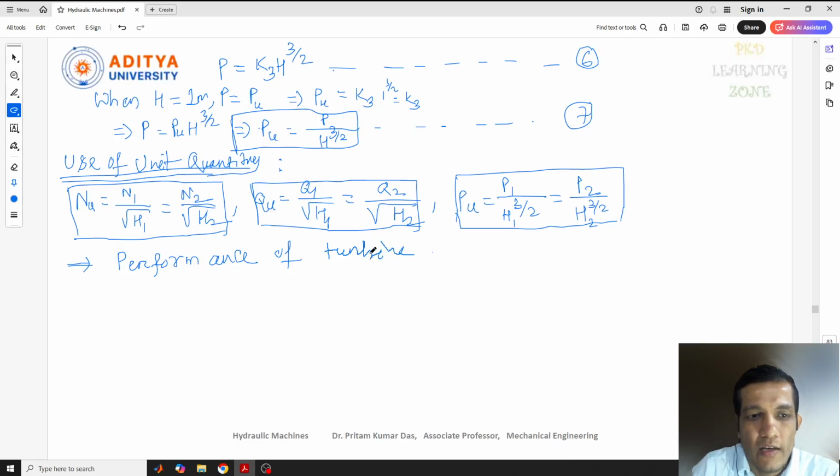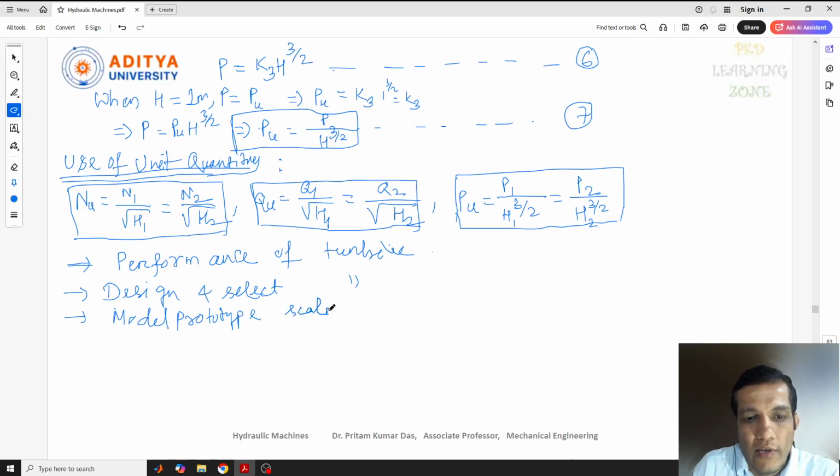We can design and select the turbines too, deciding which turbine is required and which needs to be selected. And scaling from the model to the prototype can be done.